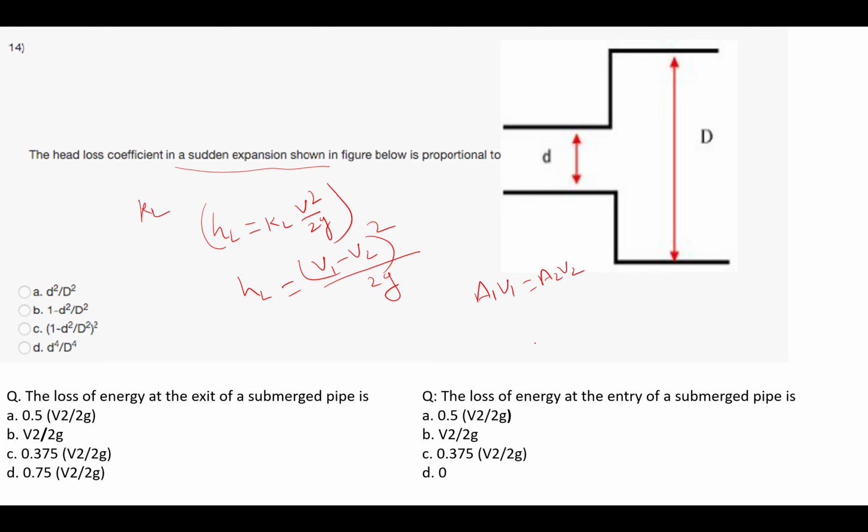Here you may put V2 equal to what? V1 is equal to V2 A2 divided by A1. Put this in the formula.